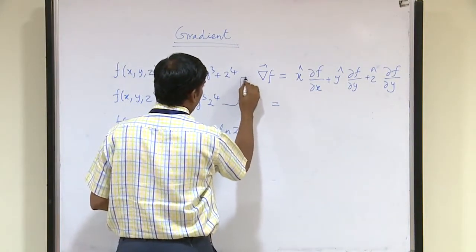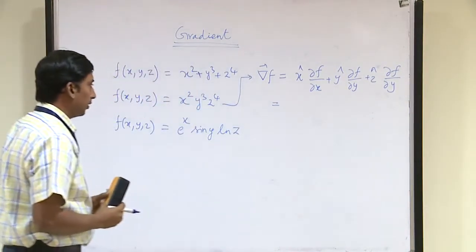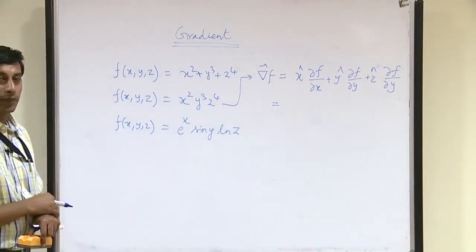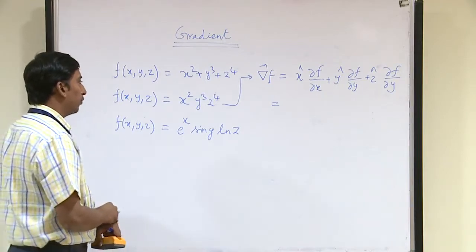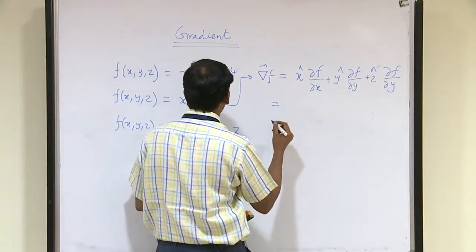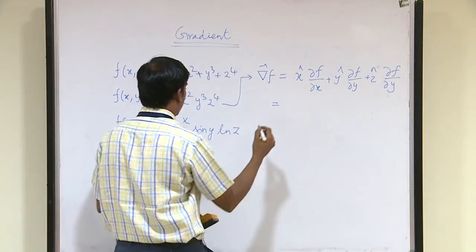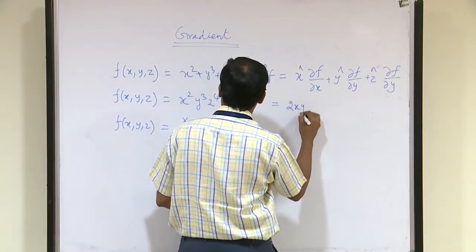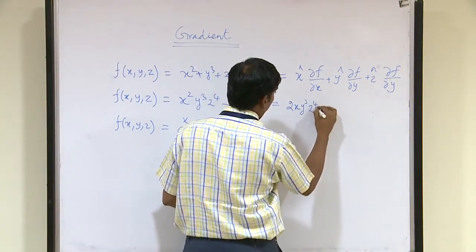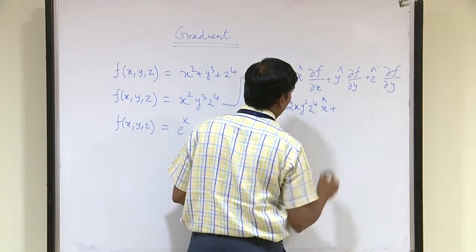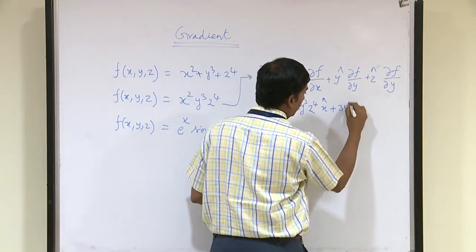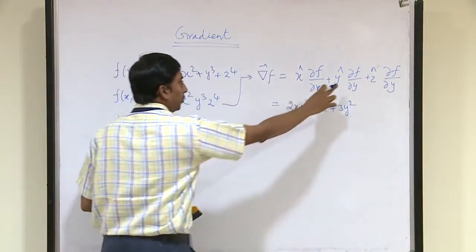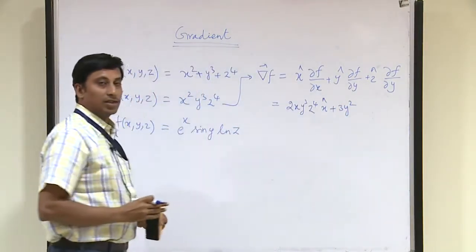So now let's try to work out the same for the second case. What is dou f by dou x in this case? So that is 2x y cube z power 4 into x cap plus, so you get 3 y square, so you have to take derivative with respect to y, keeping x and z as constant.